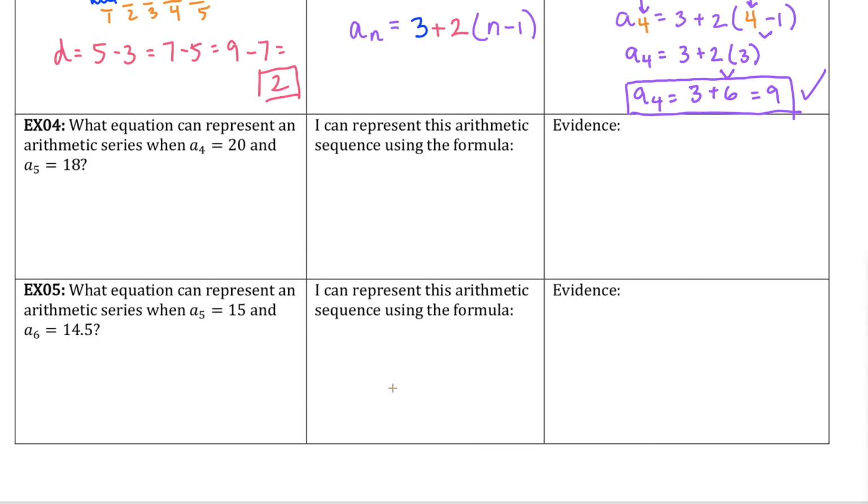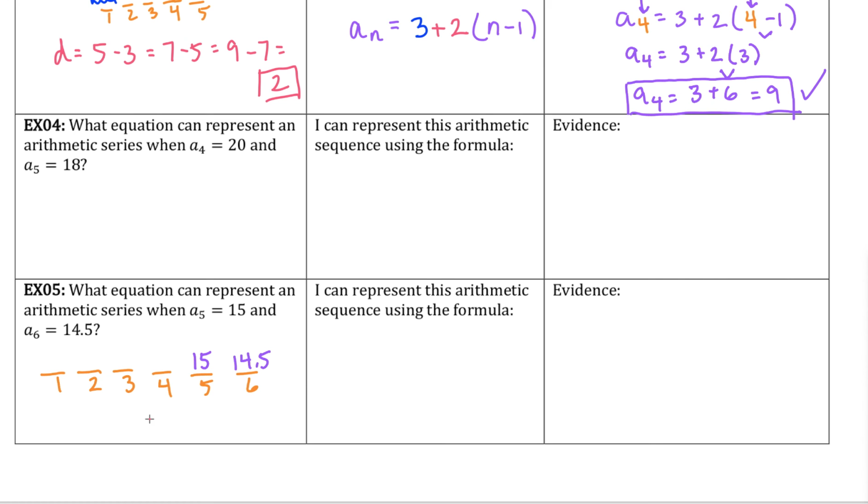So if I write these out, 4, 5, 6, it tells me that my 5th one is 15 and my 6th one is 14.5. I need to know the first term.